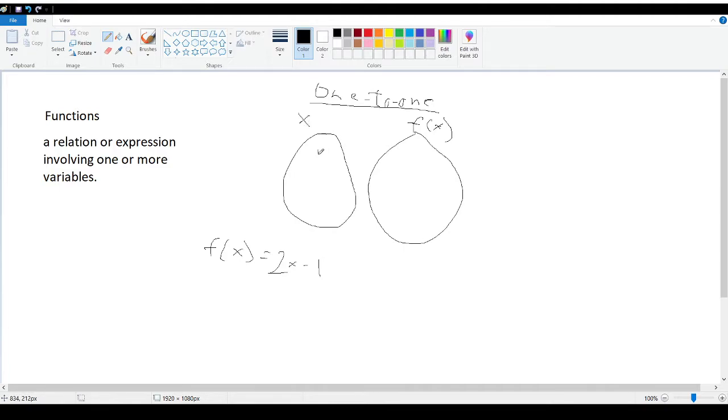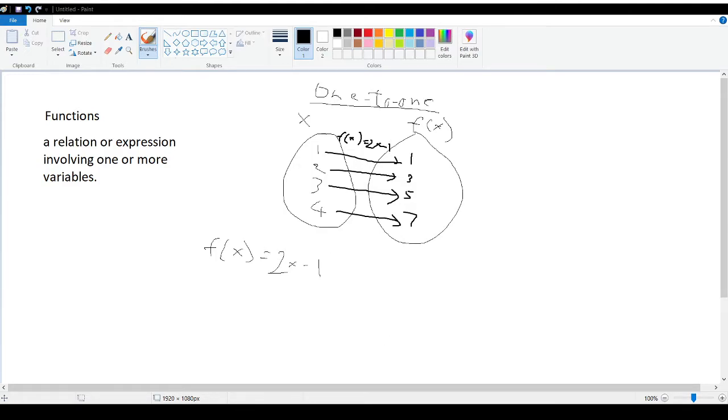Here if we input 1, 2, 3, 4, then we will have 1, 3, 5, 7. You can see it's like a mapping device.